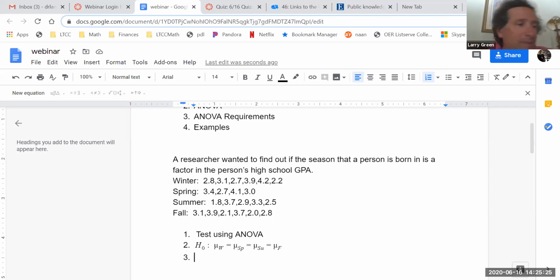Okay, I want to mention something. This is important. Notice that the null hypothesis, how many words do you see in the null hypothesis? Five. 0. There's no words there. It's a bunch of symbols.